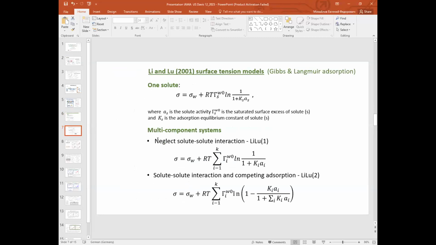For mixed particles, we have two equations. One of them takes into account the non-interaction effect, but the other takes into account the real interaction effect between solute and solute and competition for adsorption at the surface.